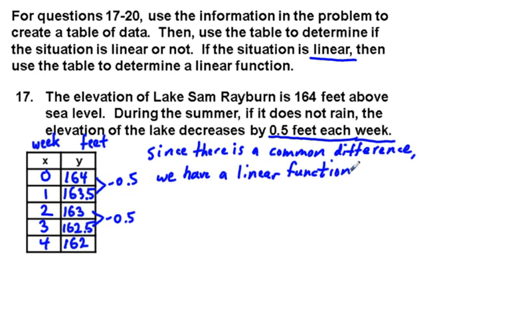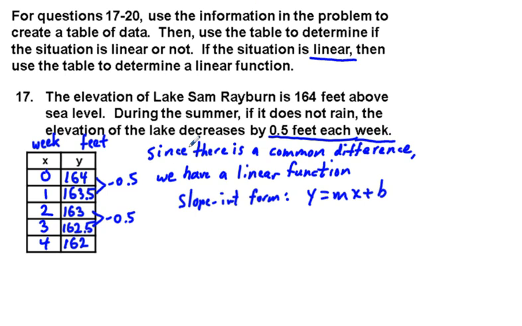Now, I used point slope form earlier, but now for this one, I think because we have a y-intercept, I'm going to suggest using the slope intercept form. That's going to be y equals mx plus b.